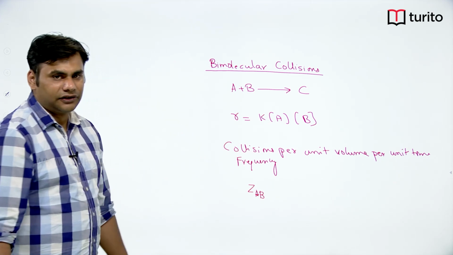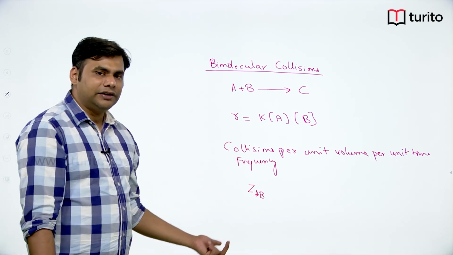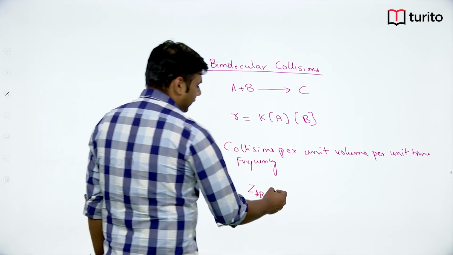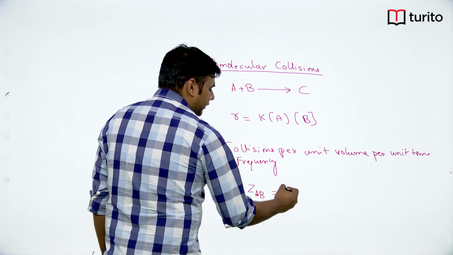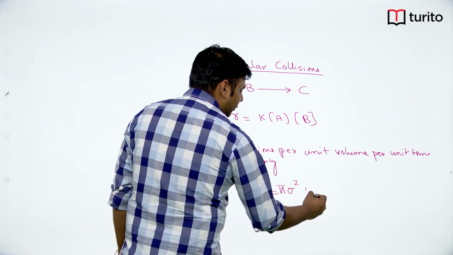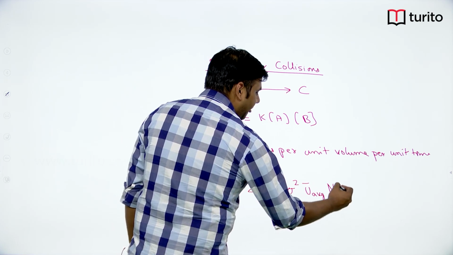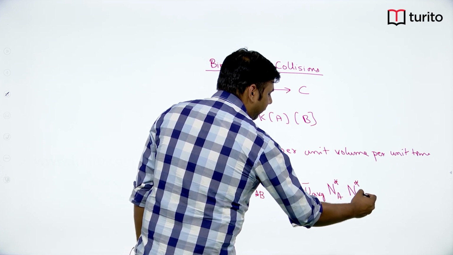This we have done in the gaseous state also. If you don't know the formula, you have to just memorize this, because its derivation comes from statistical thermodynamics that we don't have to study at this level. So basically this is pi sigma square into average speed into n star A into n star B.